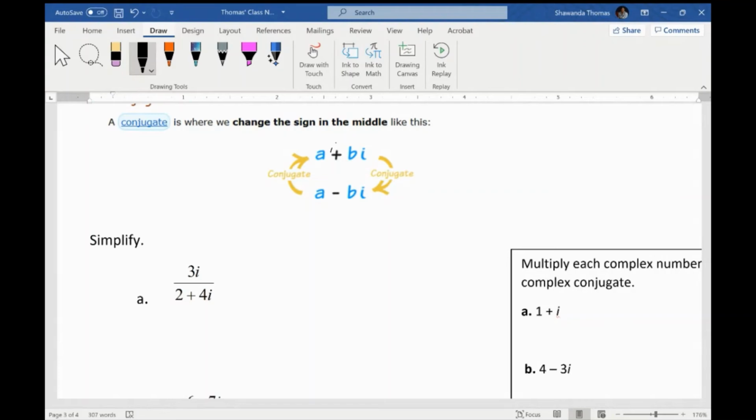The conjugate, actually. You've been doing this for a minute and not realizing you've been multiplying by the conjugate. So this same rule applies with imaginary numbers. You can't have i's in the denominator either.